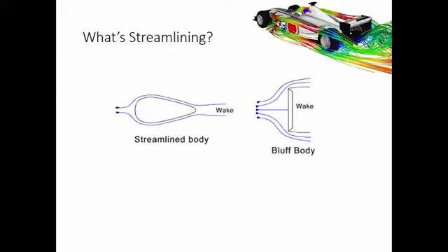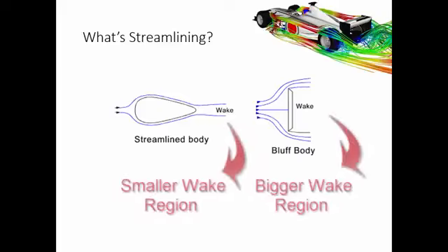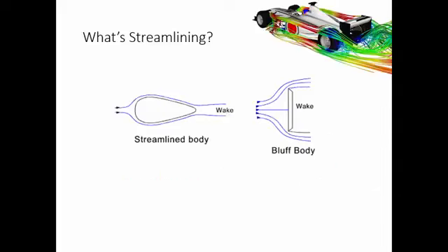As the size gradually decreases from the front to the rear, the layer of air which is closer to the body, the so-called boundary layer, keeps on staying together with the body so that the wake size is reduced. As the wake size is reduced, the turbulence at the rear side of the vehicle and the rear suction are reduced.